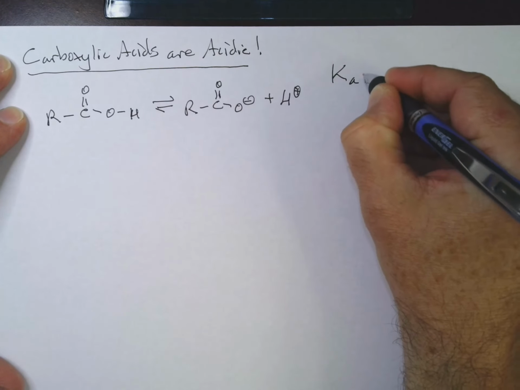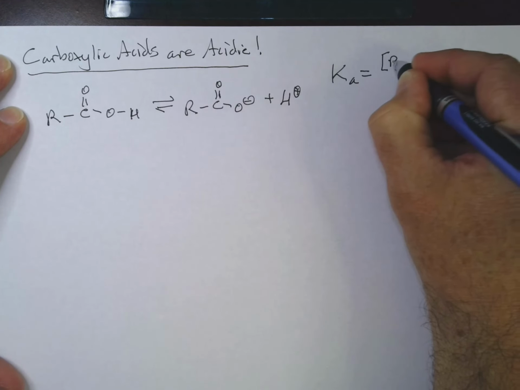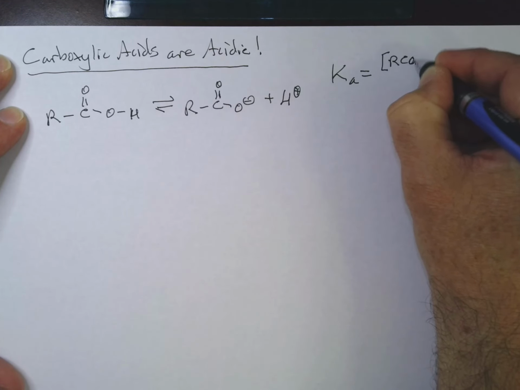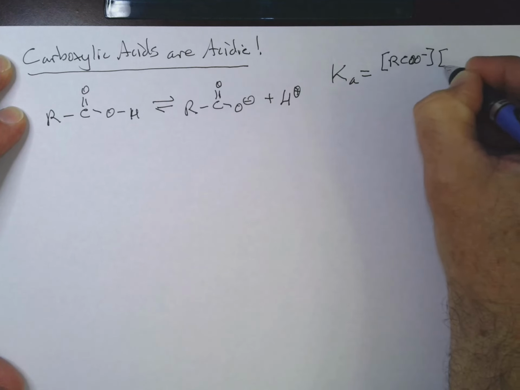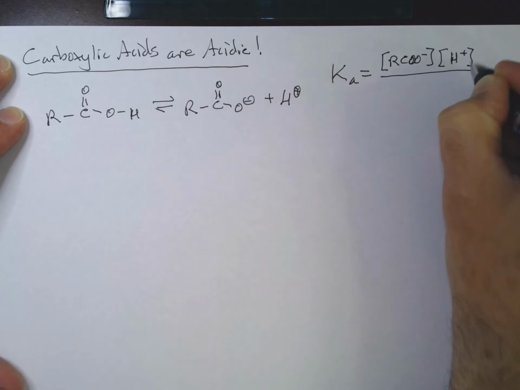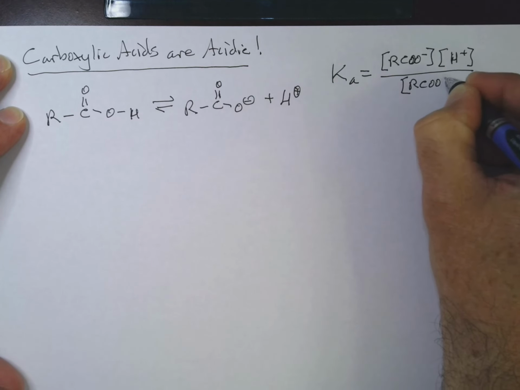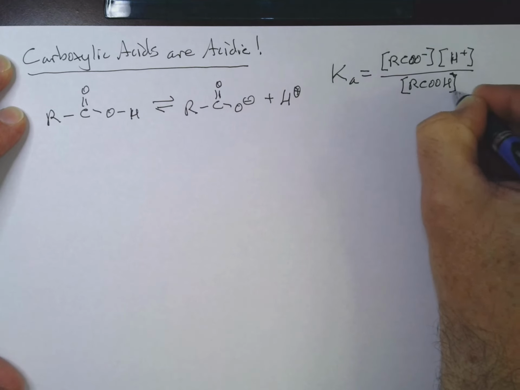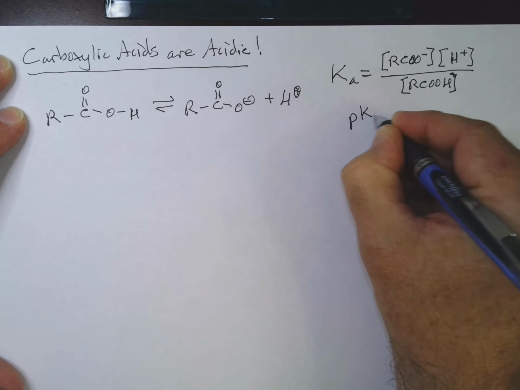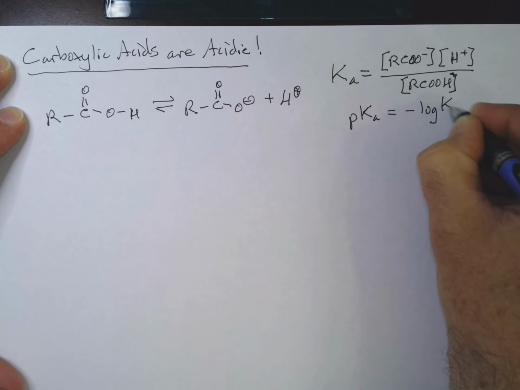And we, of course, could have an acid dissociation constant for this, which is given by the following equation here, Ka = [RCOO-][H+]/[RCOOH].